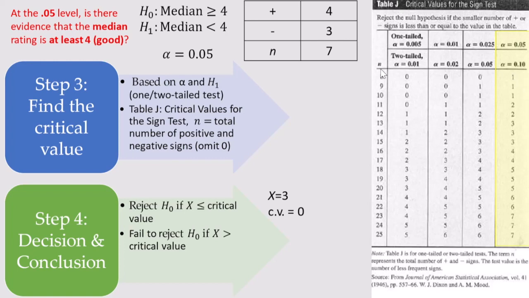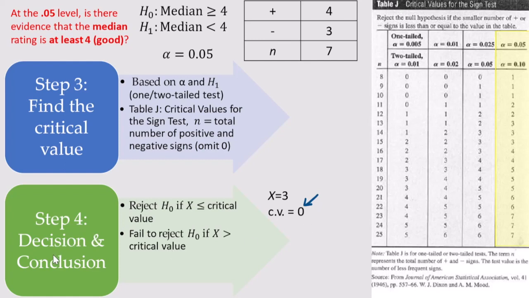Okay, so for N less than 8, the critical value would be equal to 0. Okay, when N is less than 8, the critical value is equal to 0. So we have our critical value.